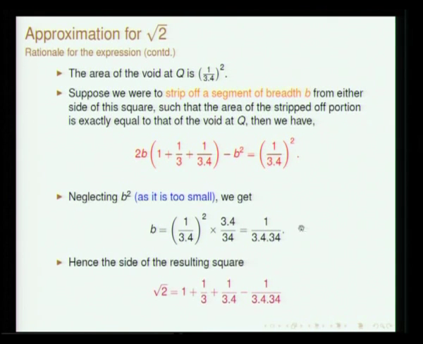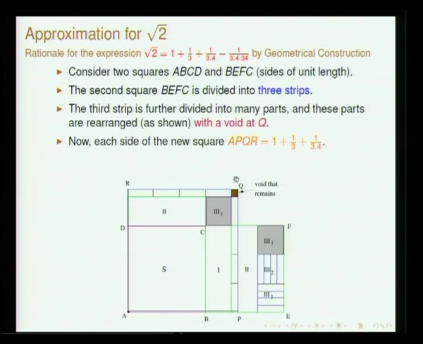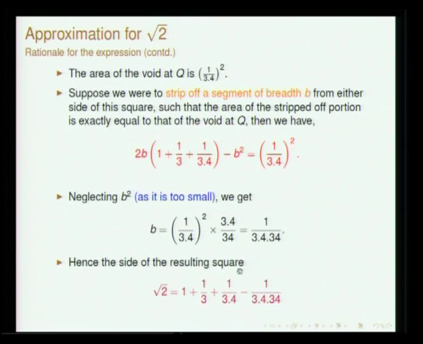This again is an approximation because I have ignored B square in getting this estimate, and this can be extended at all levels. Now this B happens to be 1/3 into 4, so at the next level it will be 1/3 into 4 into 34 square kind of a thing, and so on and so forth.